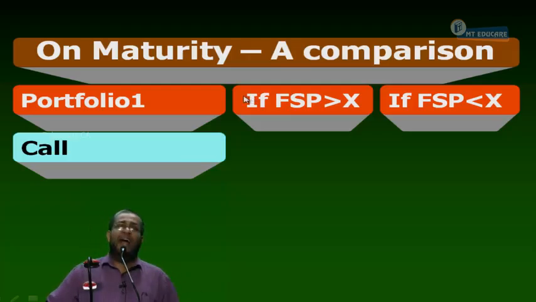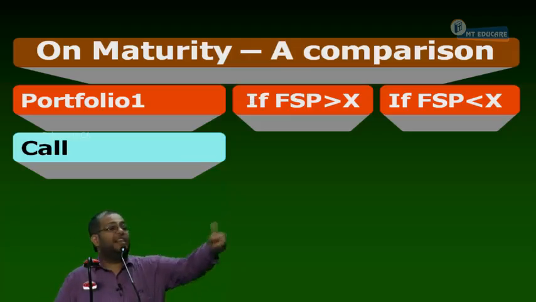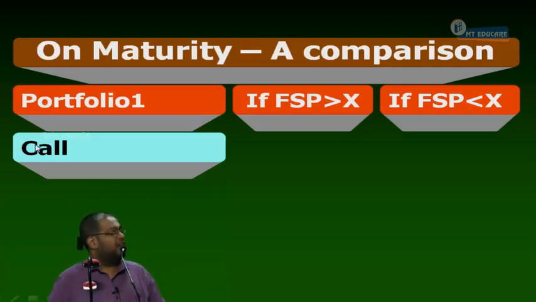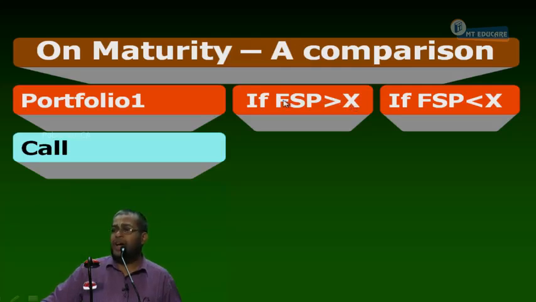That means the value I get is FSP minus X. We wrote this as VC in all the strategies on the maturity date. So on the maturity date, what is the worth of the call? Worth is nothing but benefit. On the maturity date, the call gives me a right to buy at the strike price a share worth FSP.